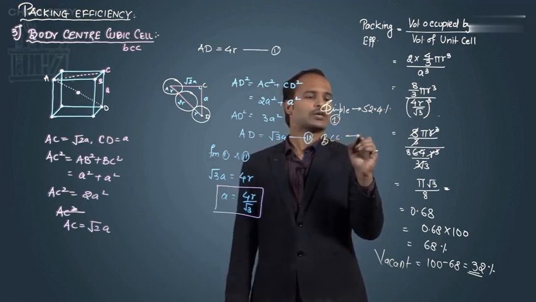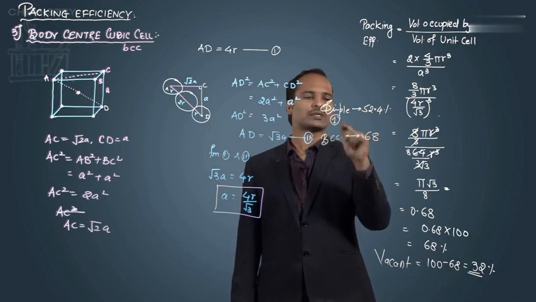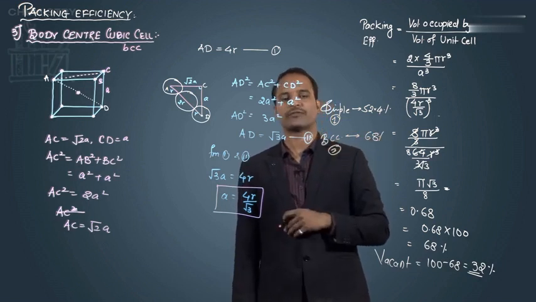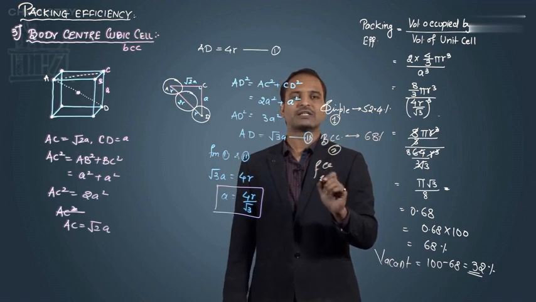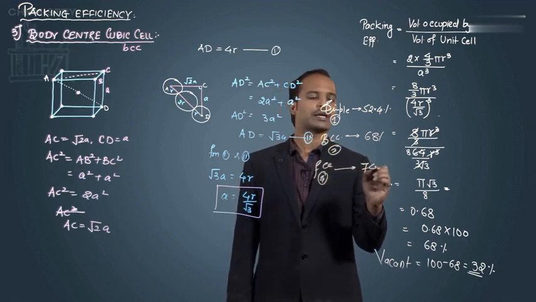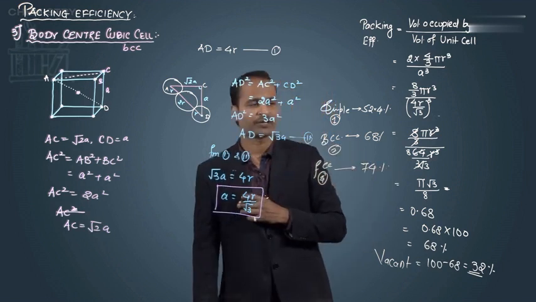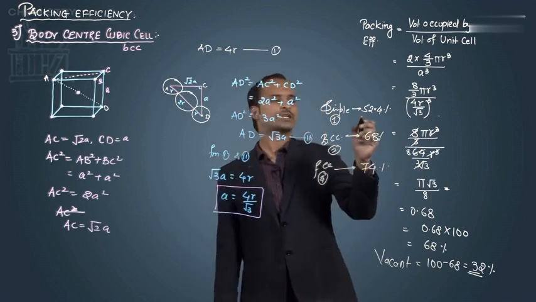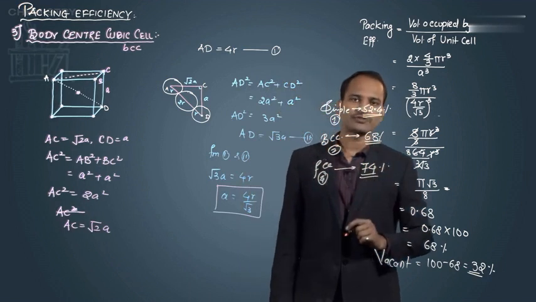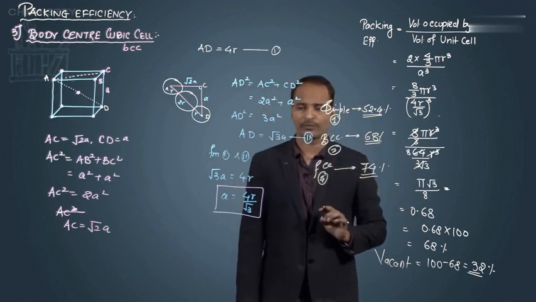BCC occupies more than simple, that is 68%, and this is possible because here we have two particles. FCC contains the highest number of particles in a unit cell, that is 4, and hence its packing efficiency is also highest, that is 74%. So simple cubic cell packing efficiency is the least, then BCC, and then in FCC the packing efficiency is the highest, that is 74%.